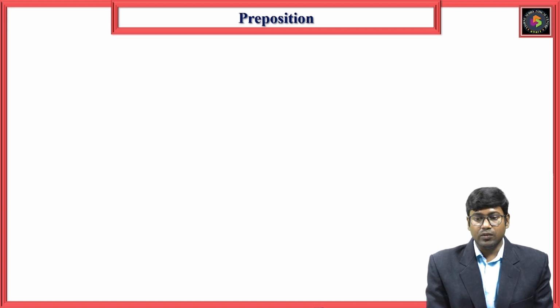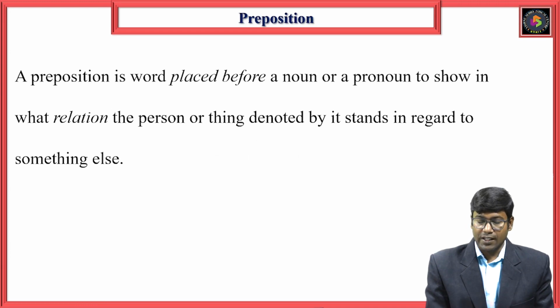So what is that? If you see the word preposition, there are two words. If we divide the word, pre and position. Pre means before, and position means place. So a preposition is a word placed before a noun or a pronoun to show in what relation the person or thing denoted by it stands in regard to something else.